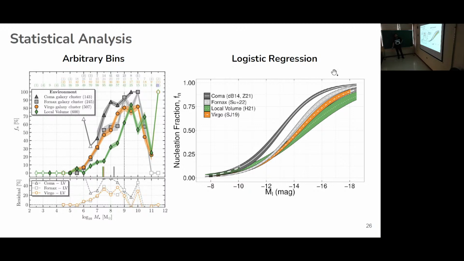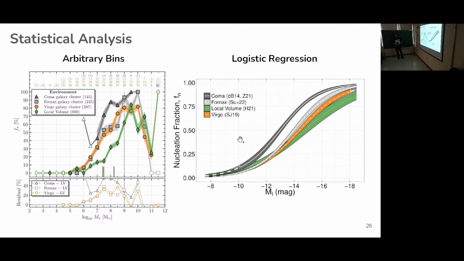But our choice in this work was to use logistic regression, which is a way to model this nucleation fraction with a more continuous and smoothed representation of the data.